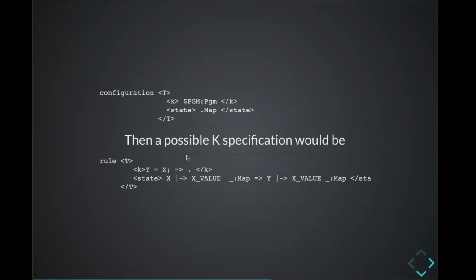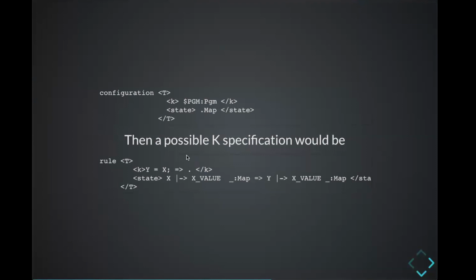So this is an empty map, and in the future, it can potentially hold values for our variables. By the way, we haven't defined the language. We just defined its configuration. But let's assume you can imagine the rest.